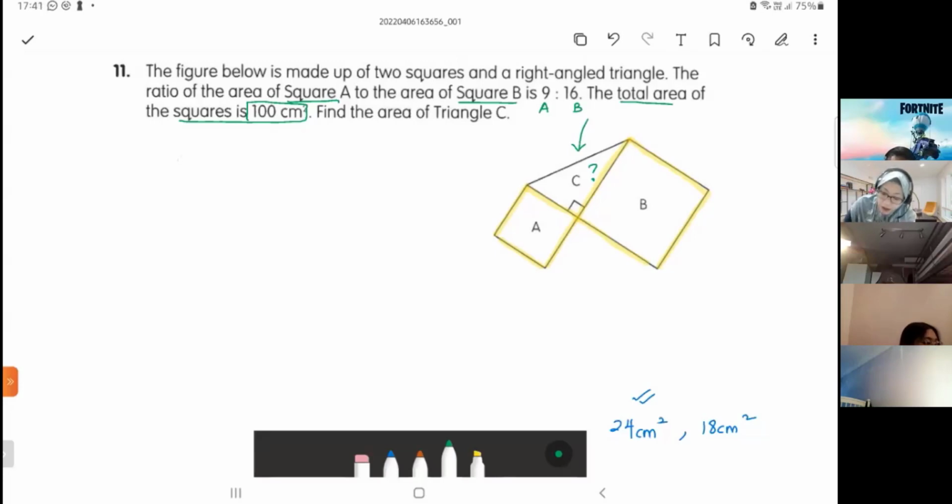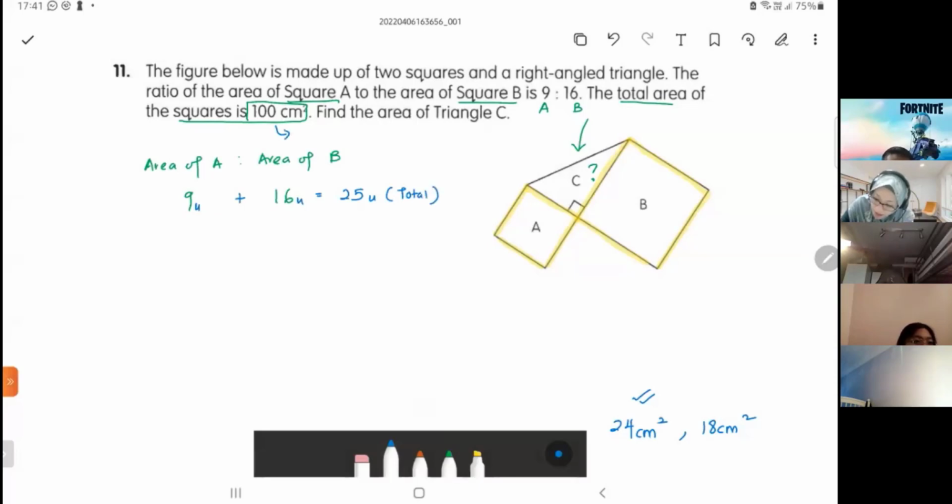So the area of A is to the area of B, 9:16. What's my total? I add them together, equals 25. This is units, this is units, this is units.